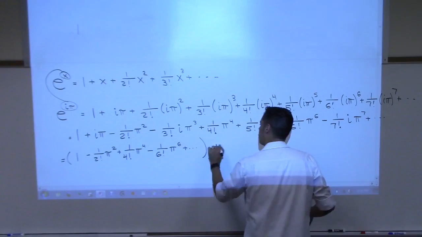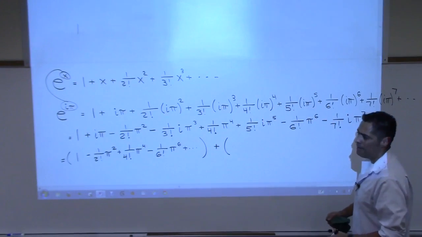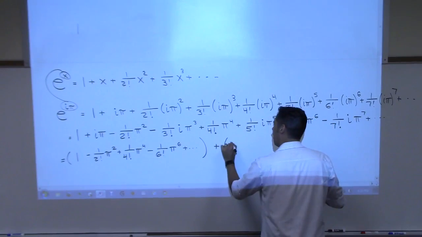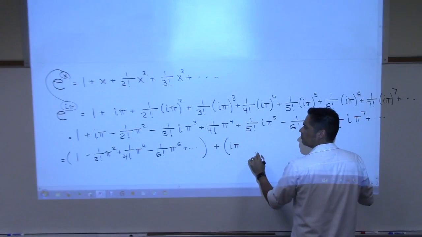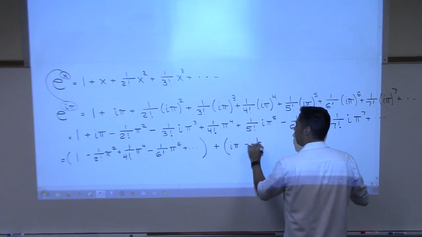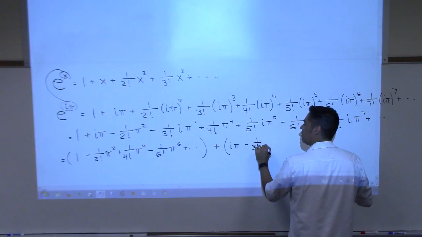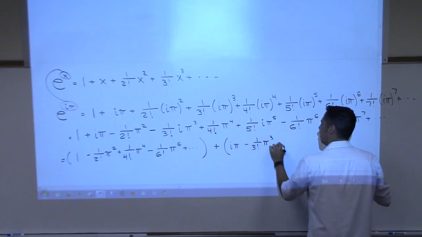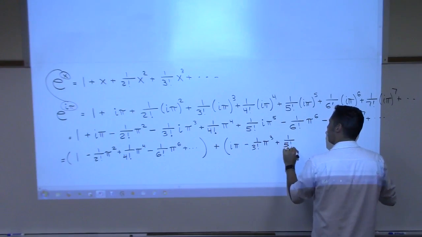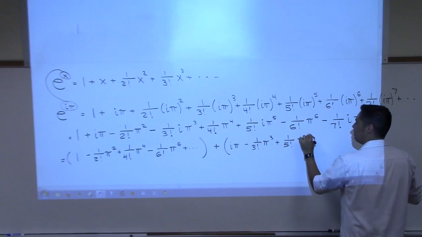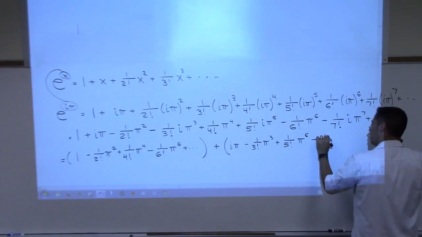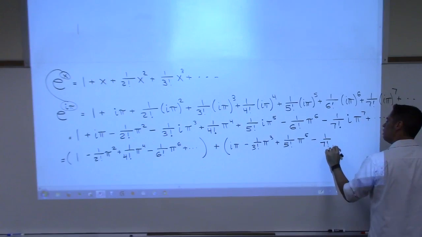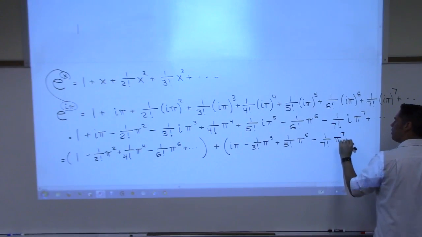Plus all the terms that do have i in them. i pi minus 1 over 3 factorial pi cubed plus 1 over 5 factorial pi to the 5th. I have one more, minus 1 over 7 factorial pi to the 7th plus dot, dot, dot.